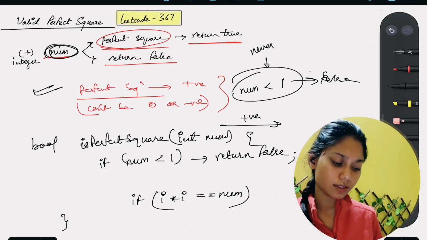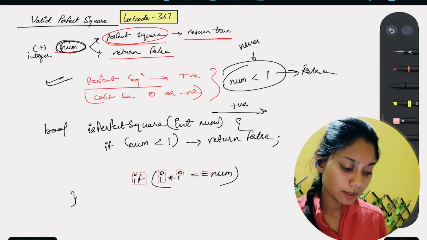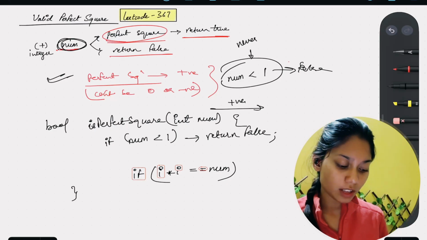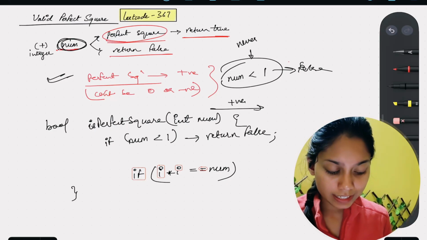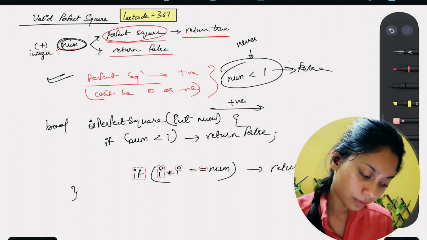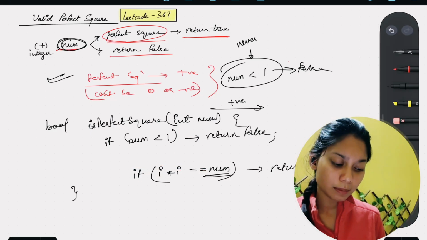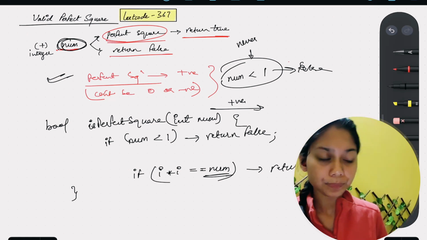If we do find any such i, in that case we return true, because only in that case our num is going to be a perfect square.